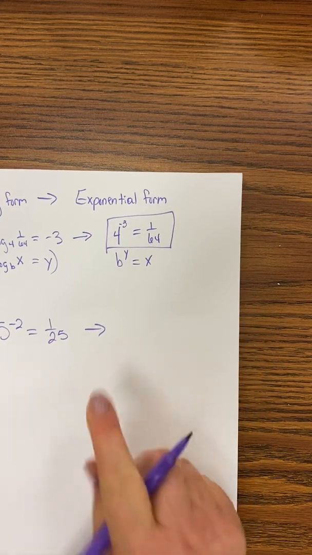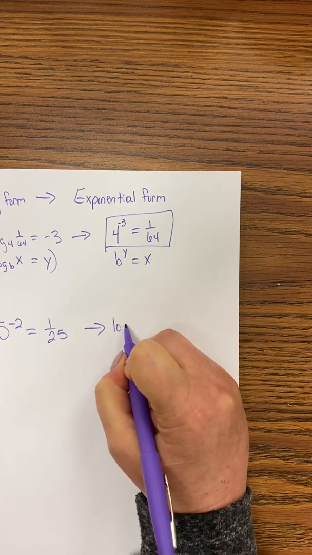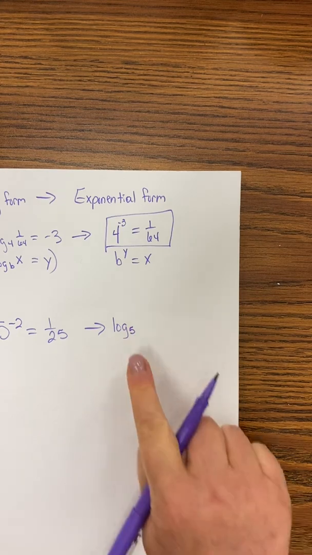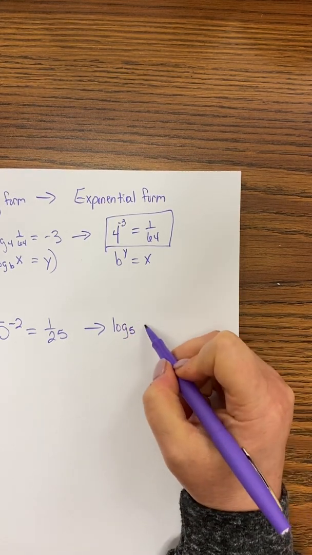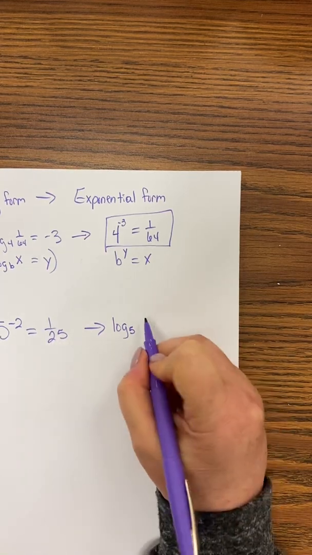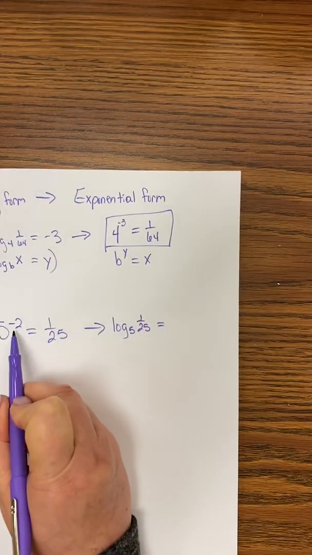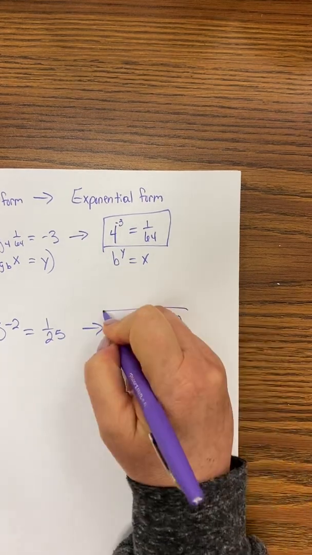B is the base, so it's log with subscript 5 for the base, and then x is the next number here, what this equals, so 1 over 25, equals, and then y is the exponent. And that is your answer to that one.